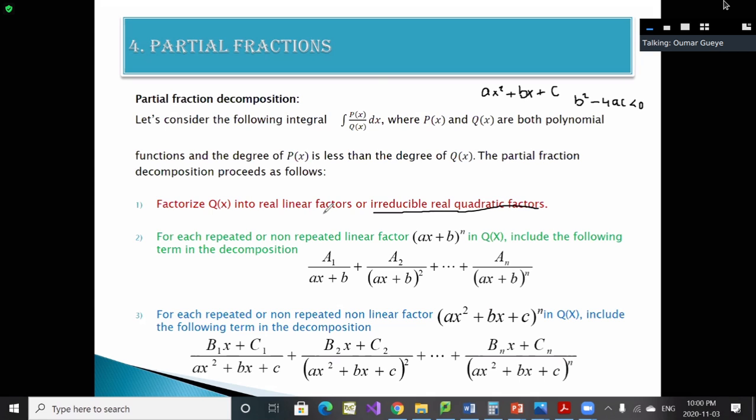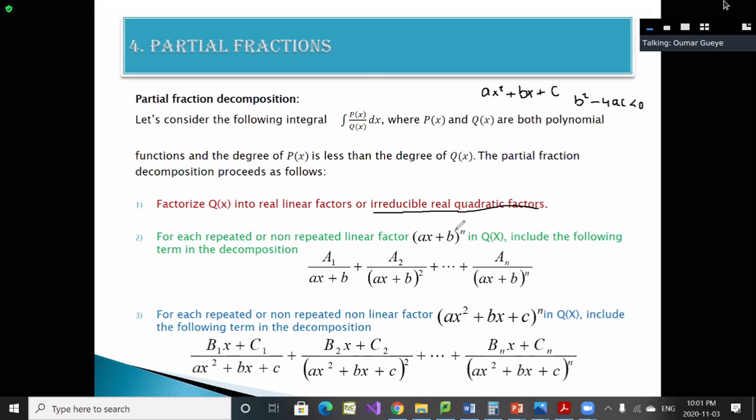Okay, now this is the first step. In the second step, as I told you, you have linear factors and irreducible quadratic factors. From each linear factor, (ax plus b) to the power n is a linear factor, which means it's repeated n times. For example, 2x plus 3 to the power 5 is 2x plus 3 times 2x plus 3, and so on, repeated 5 times.